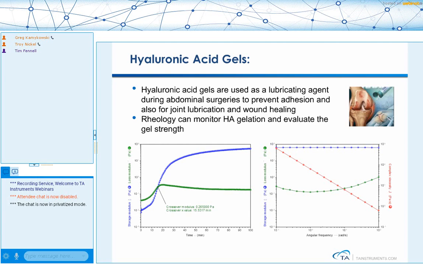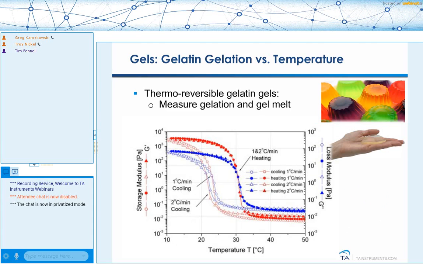And what this will tell us is how strong our gel is. And the fact that the storage modulus here does not change much at all as a function of frequency indicates this material is really elastic, which is what you would expect. So again, we have very little change in the storage modulus as a function of frequency on this nearly completely gelled material.